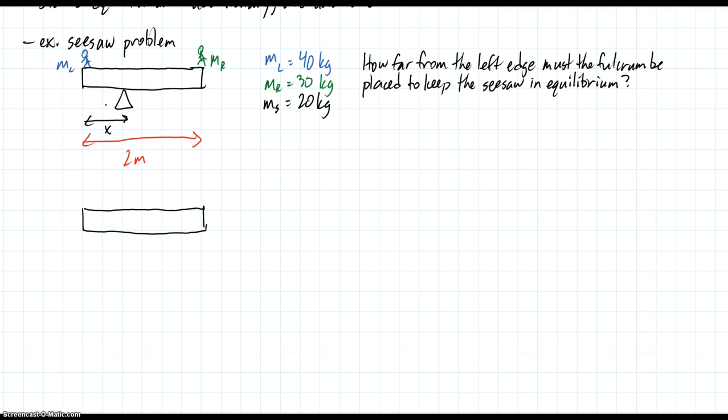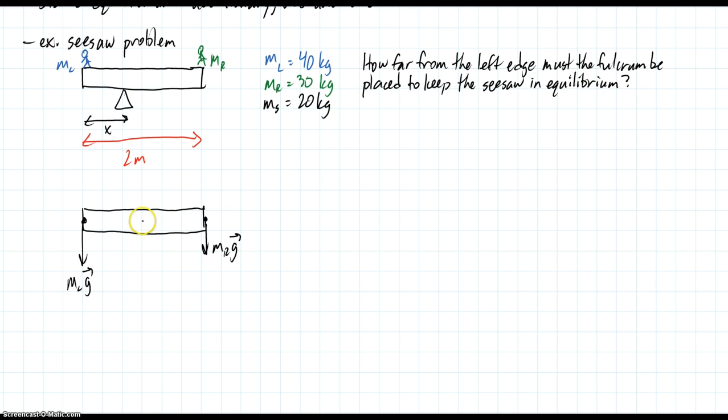We have the weight of the person on the left pointing downward at the left edge. We have the mass of the person on the right, or the weight of the person on the right pointing down at the right edge.